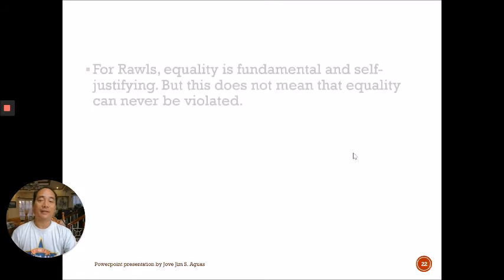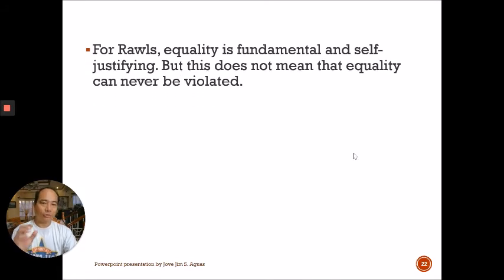But as we've said, although equality is fundamental and self-justifying, it does not mean that equality can never be violated, because in reality it is actually violated. All right, there is inequality, but the concern of Rawls is what inequalities we can allow, and under what conditions this inequality can be permitted.